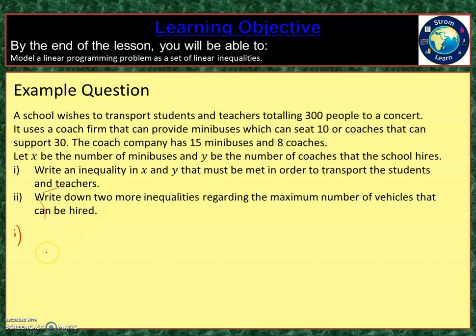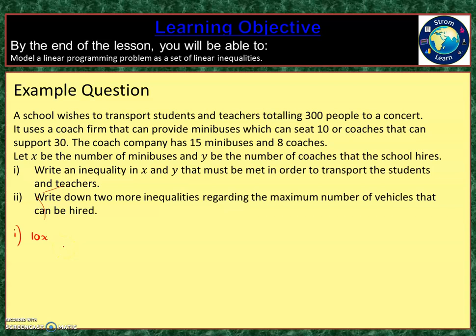Right, so we're only interested in being able to transport students and teachers in this inequality. So what do we know about this? Well, if there's x minibuses and a minibus can seat 10, then 10x must be the number of people that are transported by minibus.